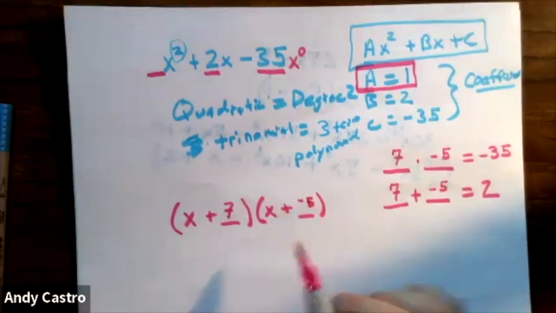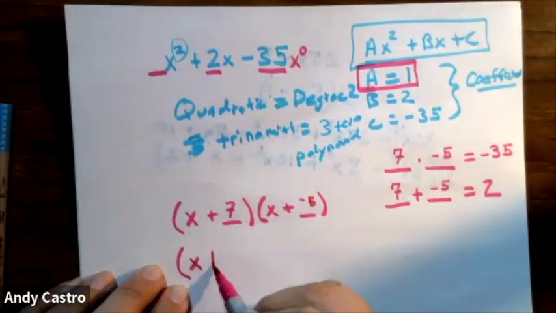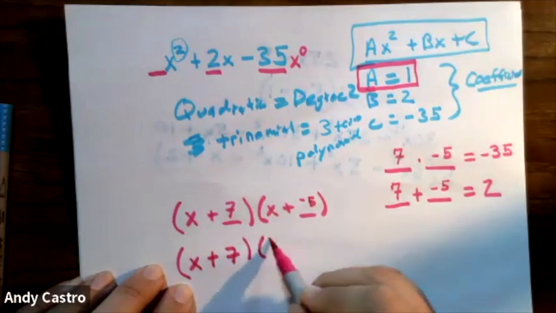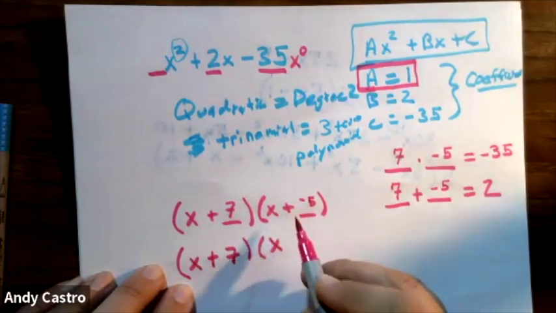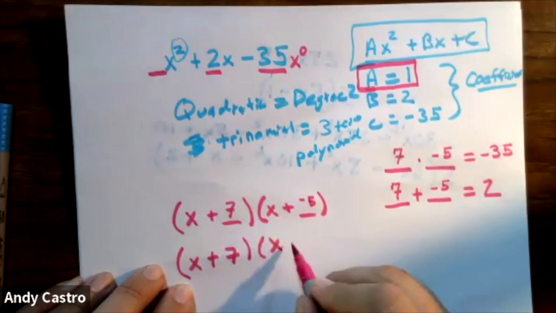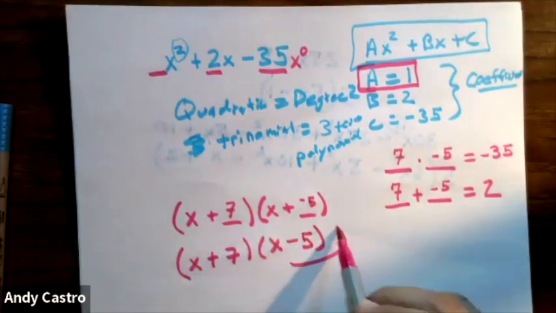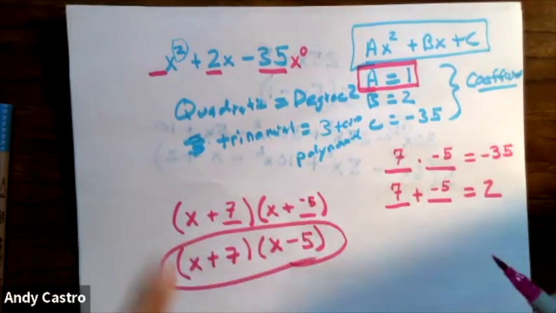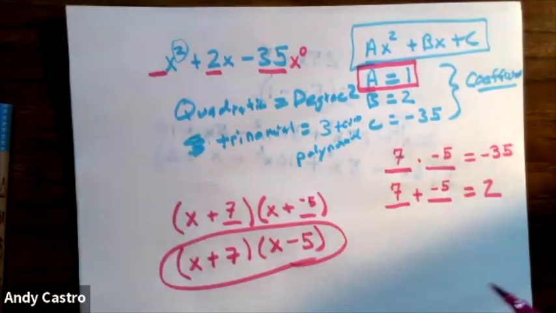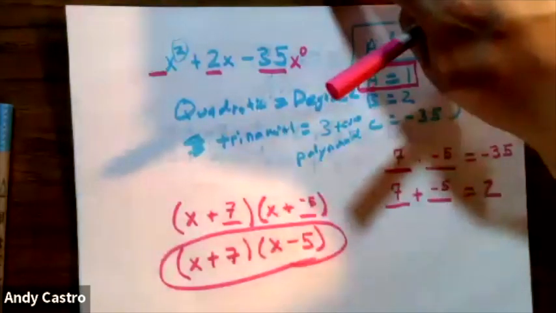And x plus negative 5 I can just rewrite as x minus 5. So that is the answer. That is it factored. All right. Good.